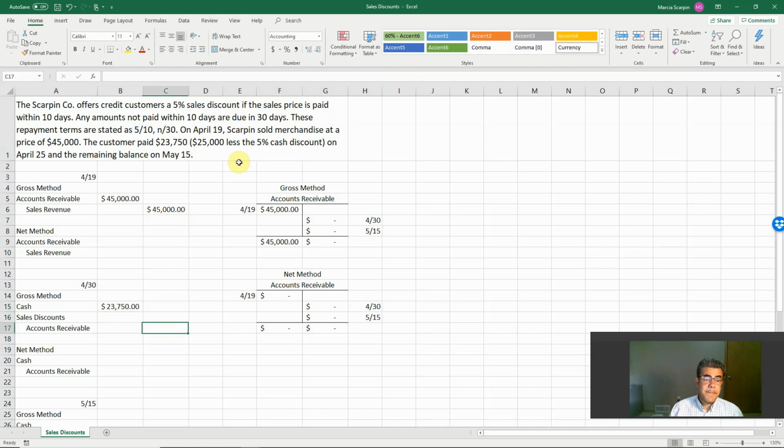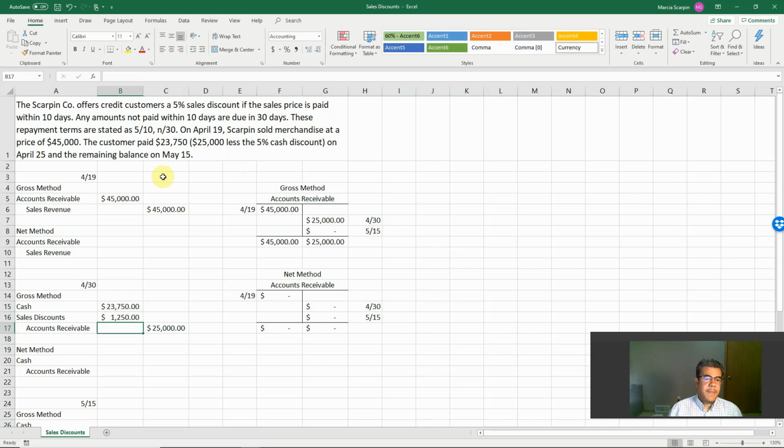However, they are paying the 25, so we are reducing our accounts receivable by 25. And the sales discount is the number to balance my journal entry. So here, 25 less 23,750, $1,250 is my sales discount.